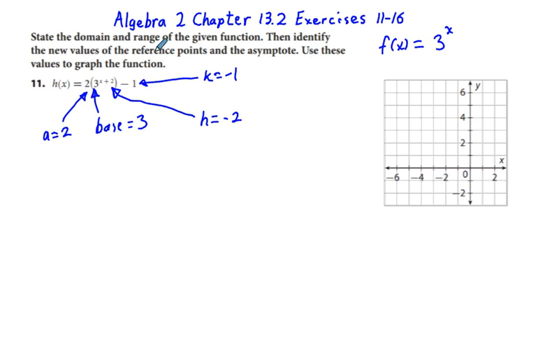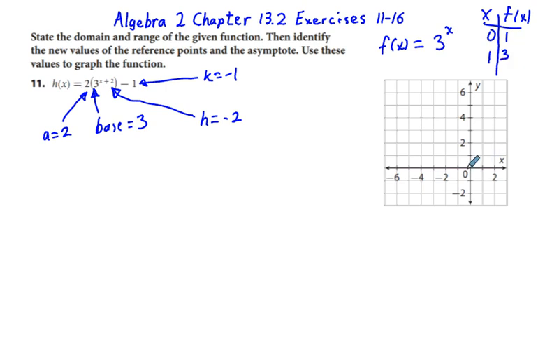So what we're going to do when we talk about reference points is look at this original, our parent function, and graph that first, and the reference points are going to be taken from this. I want to put here x, f of x. If we put in a 0, 3 to the power of 0 is 1, and if we put in a value of 1, we get 3 to the power of 1 is 3.